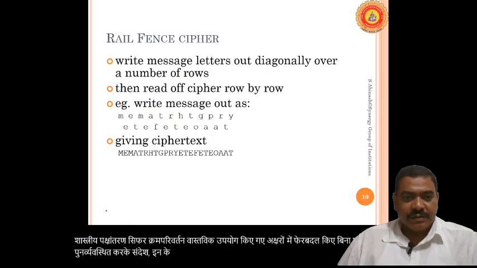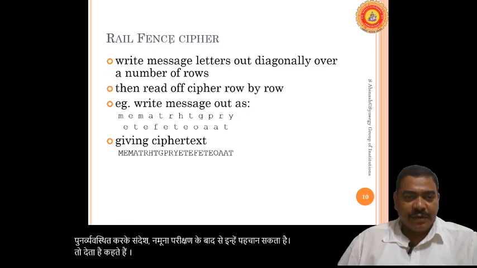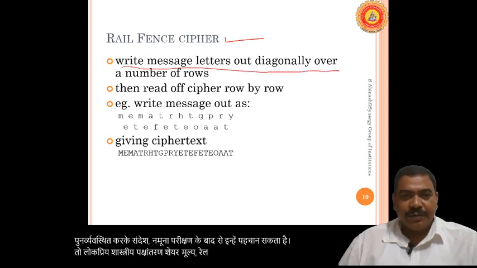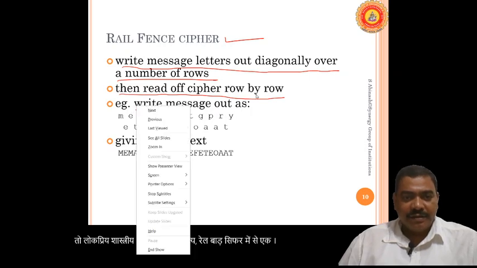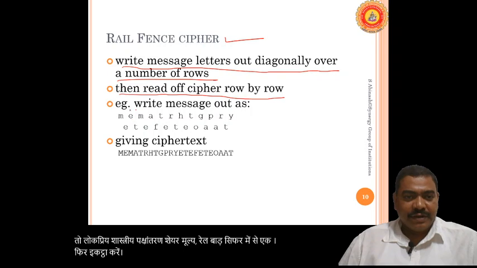So one of the popular classical transposition ciphers is the Rail Fence cipher. Write the message letters out diagonally over a number of rows, then read off the cipher row by row, collecting the cipher text.